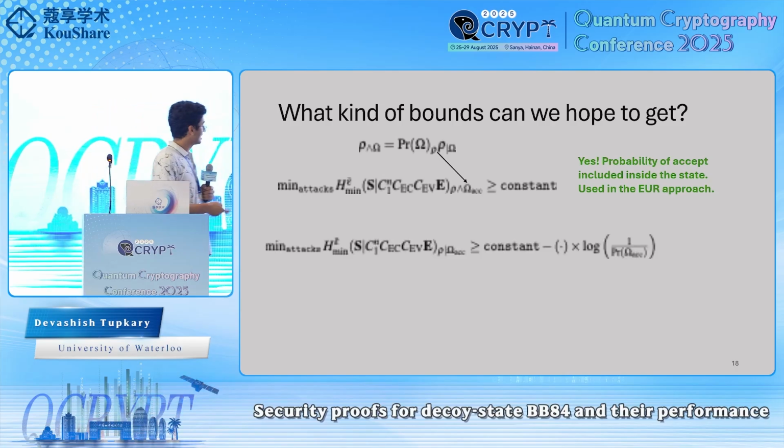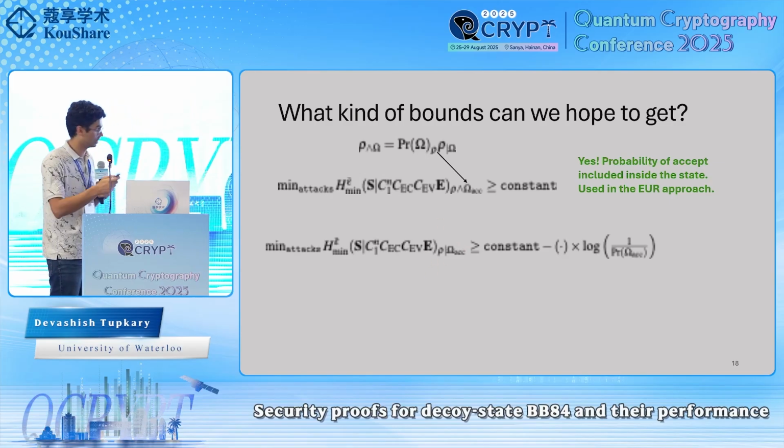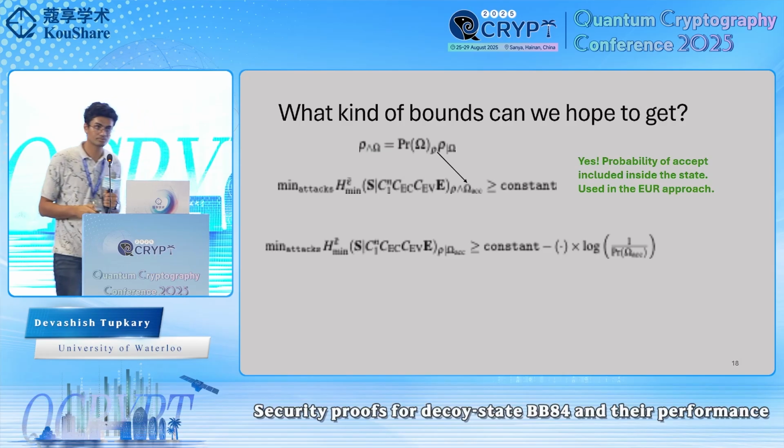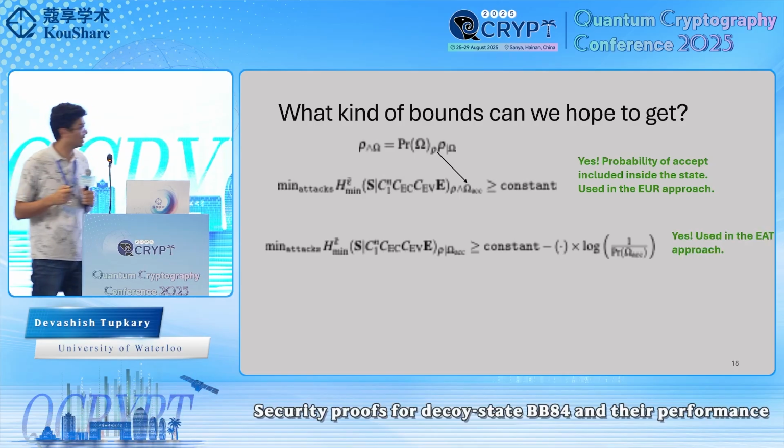The other possibility is we might demand that, okay, I want to condition on acceptance without dealing with this probability, but I'm willing to have this log probability term be subtracted on the right-hand side. Okay? And these kind of things also work.